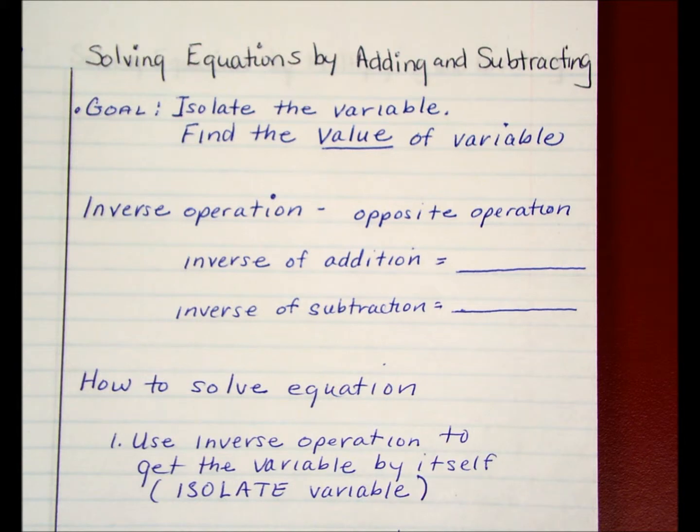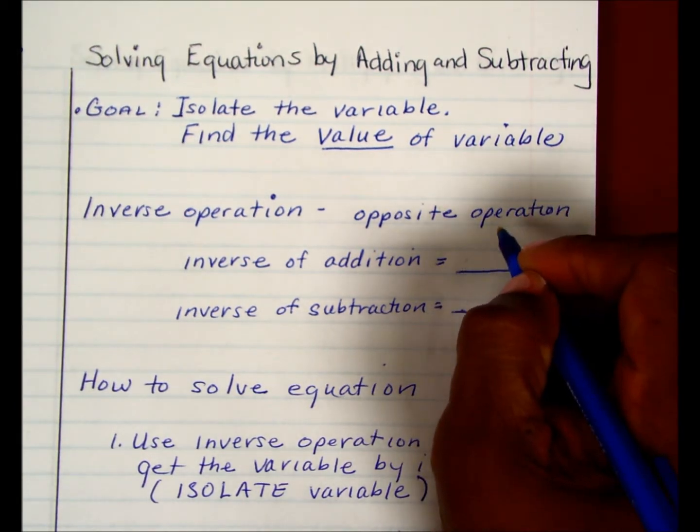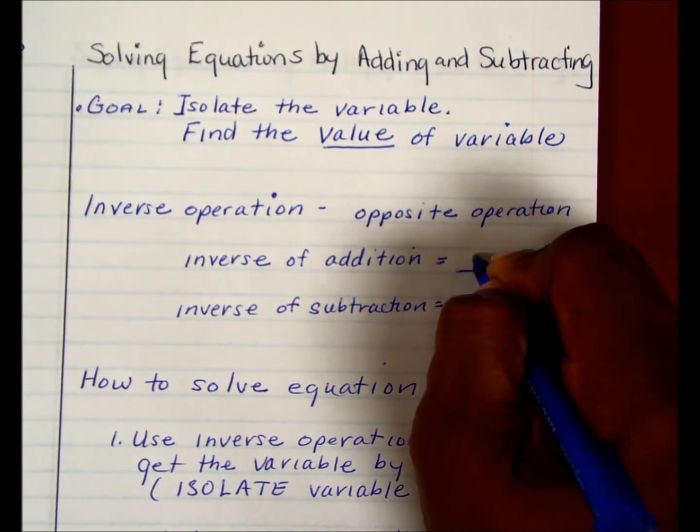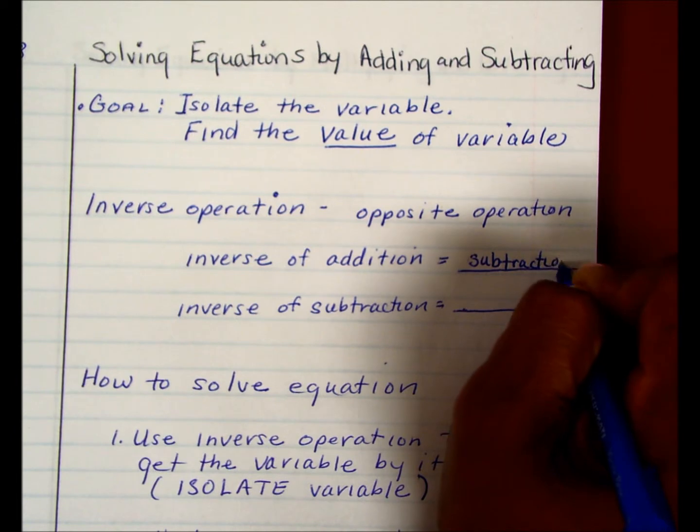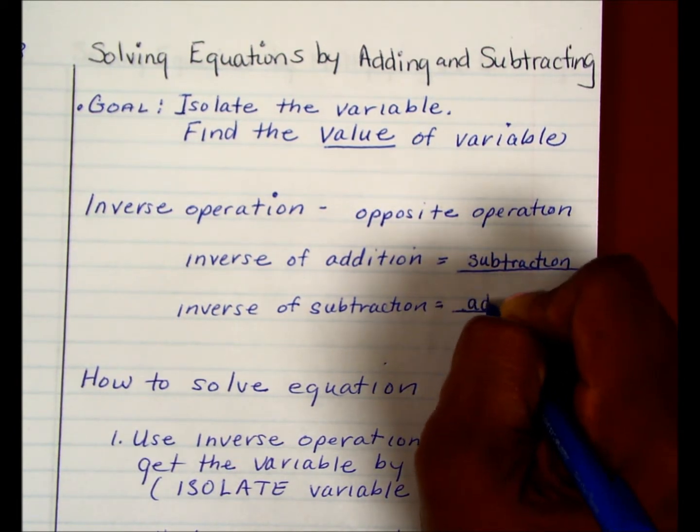Now, the way that you do that in solving equations is to use what they call the inverse operation or the opposite operation. So the inverse operation for addition is subtraction. And the inverse operation for subtraction then would be addition.